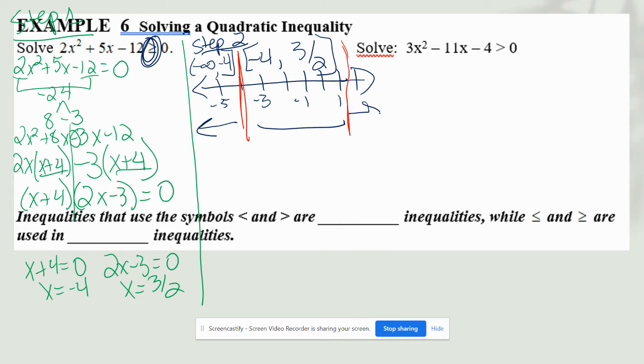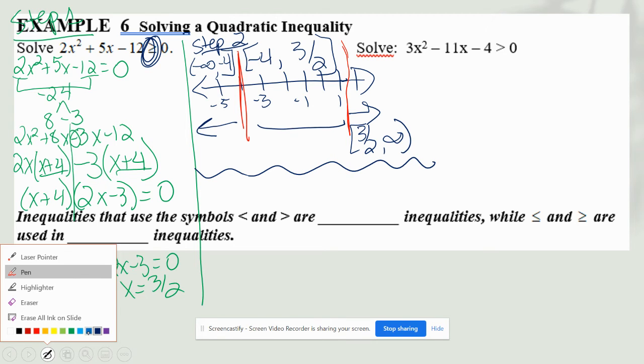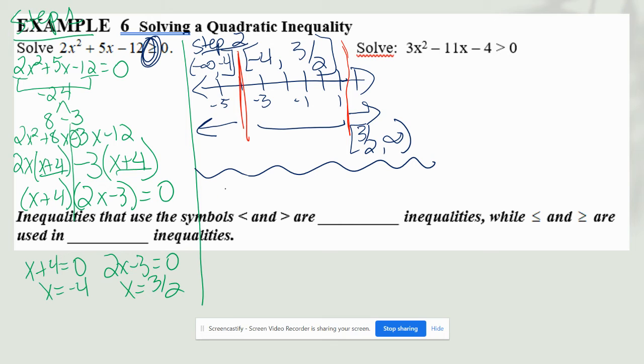And then at the end, we have 3/2 to positive infinity because of the arrow. So step 3, we have our interval, our test value, and then true or false.